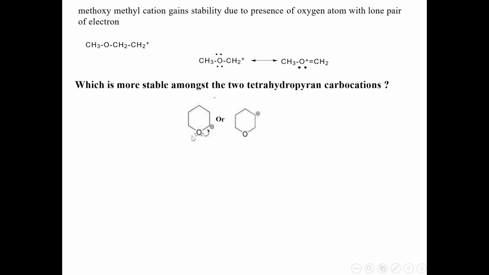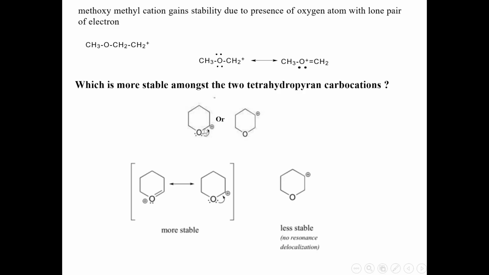Definitely it is the one with the carbocation carbon adjacent to an oxygen which has lone pair of electrons. It shares its electrons, a resonance effect is created. That's why this becomes more stable than the third-position carbocation.